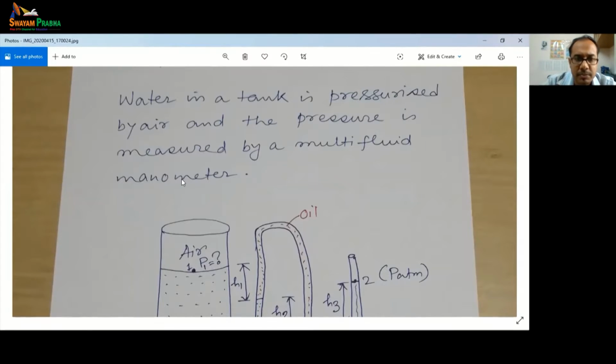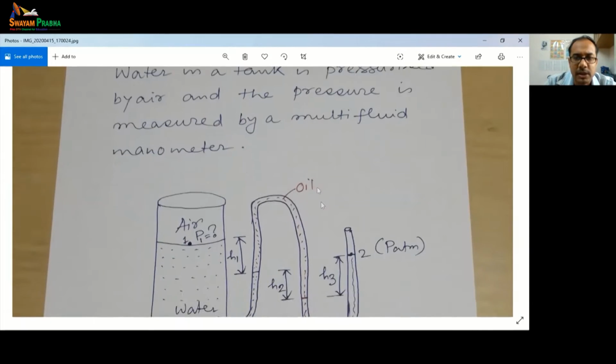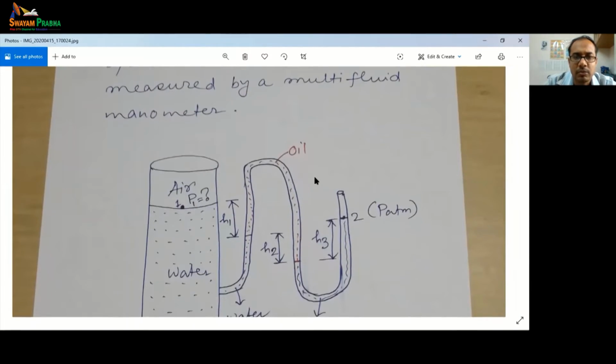A manometer is a pressure measurement device, and why do we say multi-fluid? Because we have multiple fluids in this manometric measurement. That's what we are going to see now.